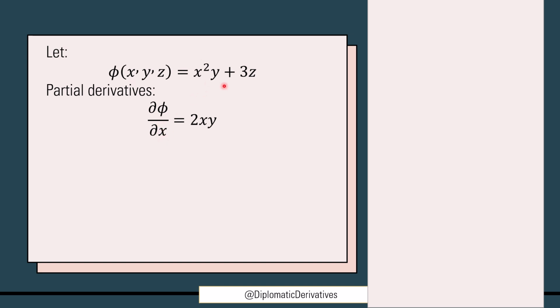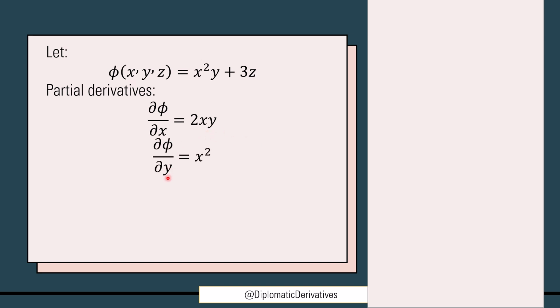For the part x squared y, when you take the derivative with respect to x, it will be 2x and y stays as it is, plus 0 because there is no x in the other term. So you will get 2xy.